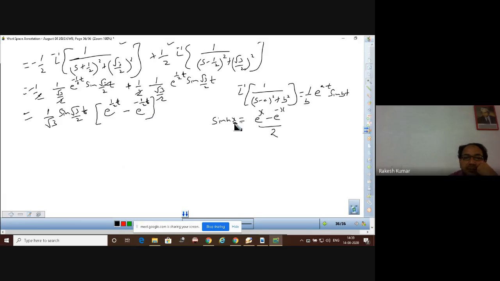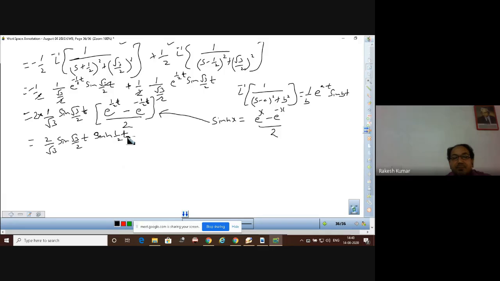It means if you want to use this formula here, we need 2 in the denominator. If you need 2 in the denominator, then you need to multiply with 2 also. That is 2 by root 3 sine root 3 by 2 t, and the formula comes out to be sine hyperbolic 1 by 2 t.